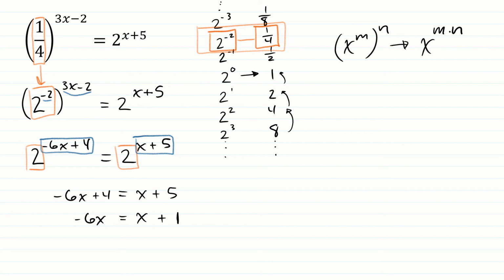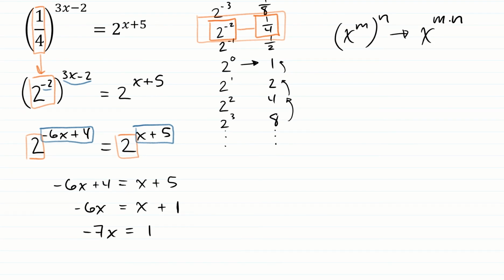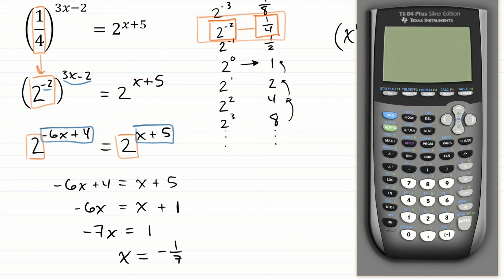If I subtract an x from the left-hand side, this is going to become negative 7x. And if I subtract an x from the right, it's just the number 1. So now I'm going to divide by negative 7. x is negative 1/7. I want to check that answer, and I bet you want to check it too.